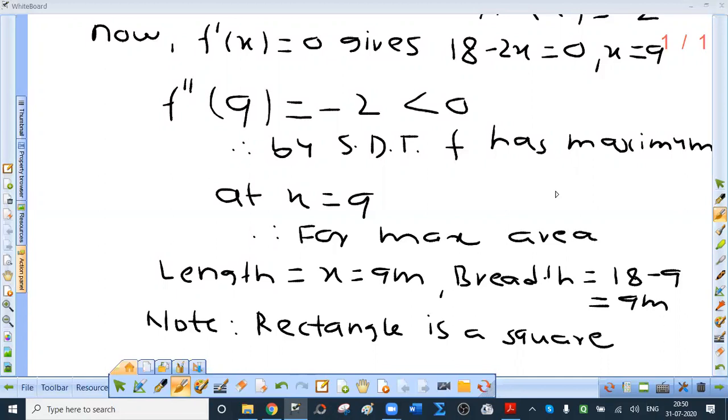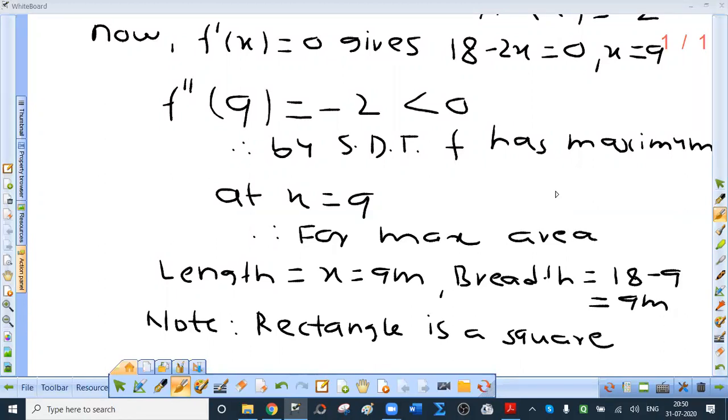So if such type of question is asked, you can directly write the answer. Okay, I'll repeat this statement. Amongst the rectangles with given perimeter, perimeter is given, then square has the greatest area.